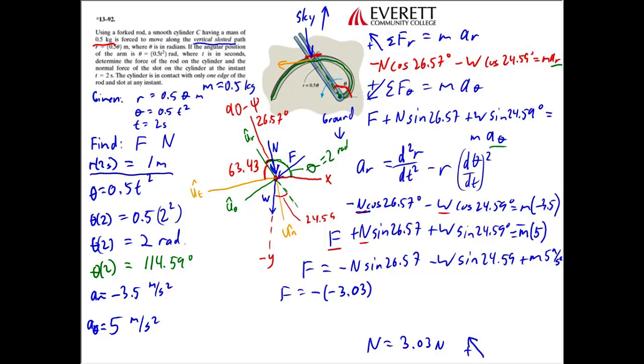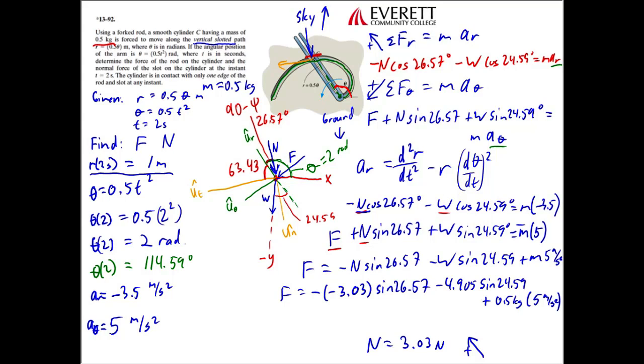Times the sine of 26.57 minus the weight, which we solved for was 4.905 newtons, and that's times the sine of 24.59 plus the mass, which is 0.5 kilograms, times 5 meters per second squared. All of our units are in newtons, so it's working out there.